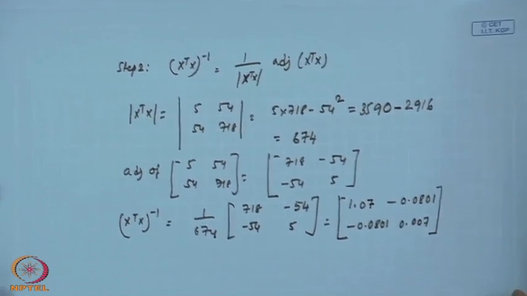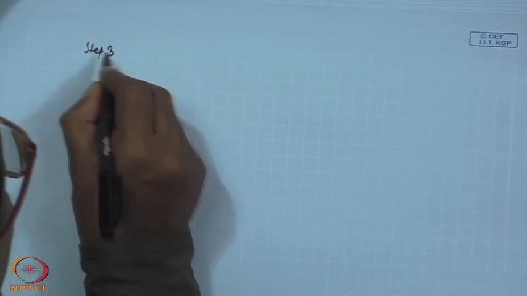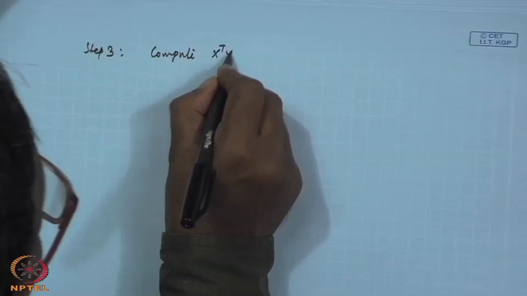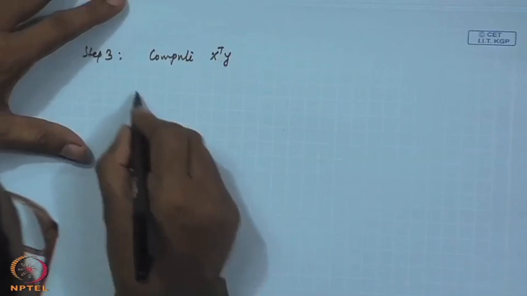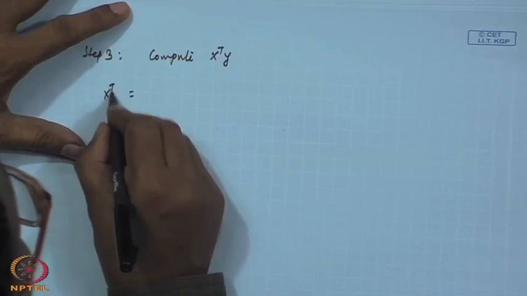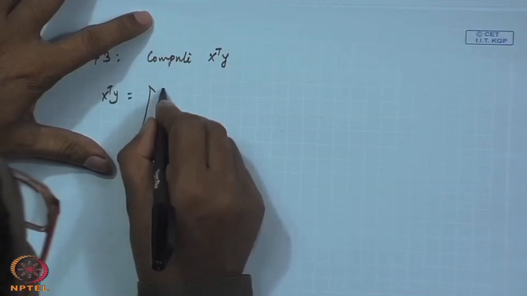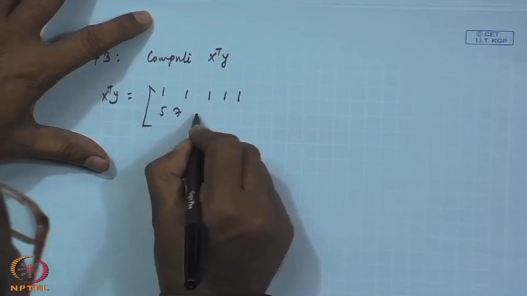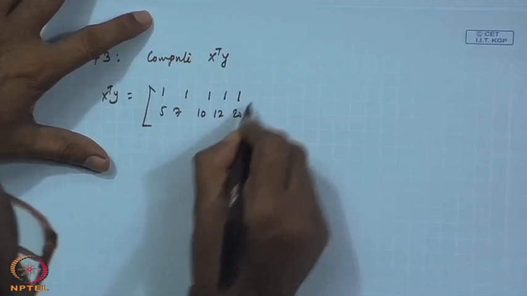That is another thing you have to compute. Then your step 3 is compute X transpose Y. So this can be written like X transpose Y is [1 1 1 1 1; 5 7 10 12 20].